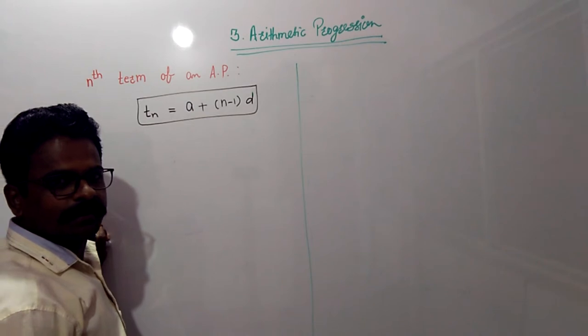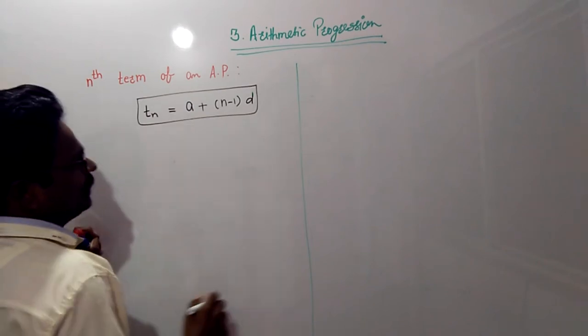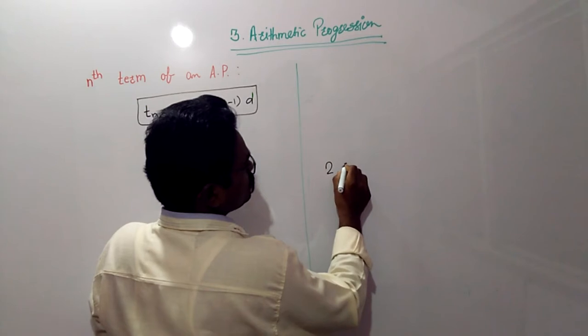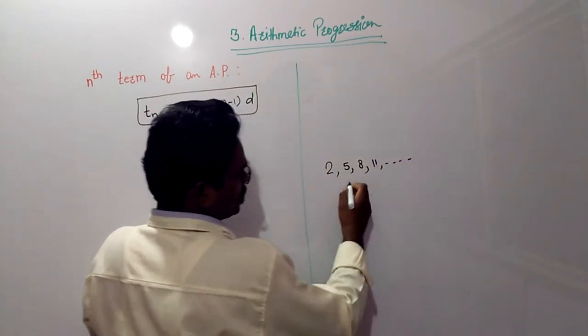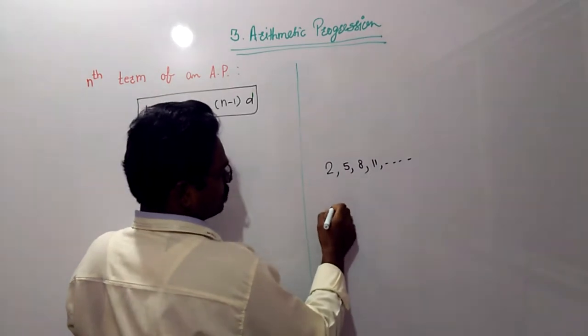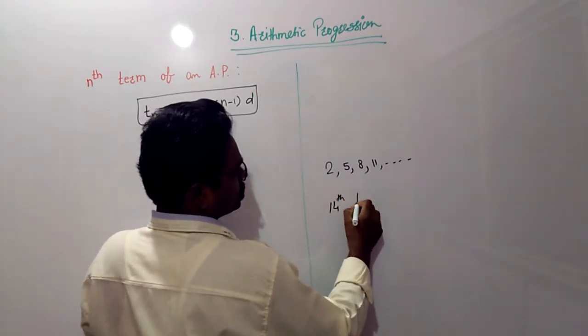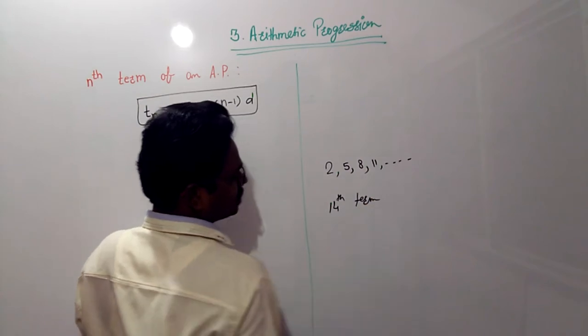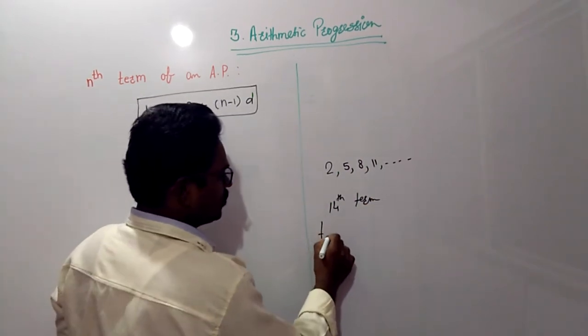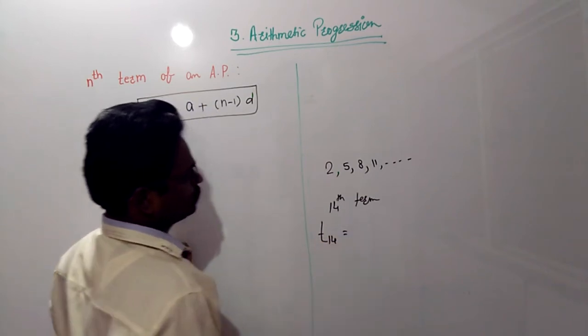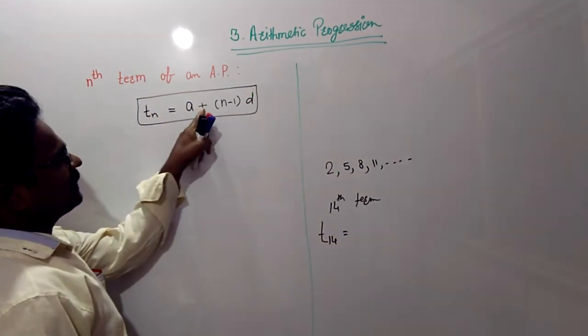Okay, fine, no problem. Now see here, if I write 2, 5, 8, 11 and so on, tell me the 14th term. So what we will do is use this formula. T14 is equal to, Tn is equal to a plus n minus 1 into d.